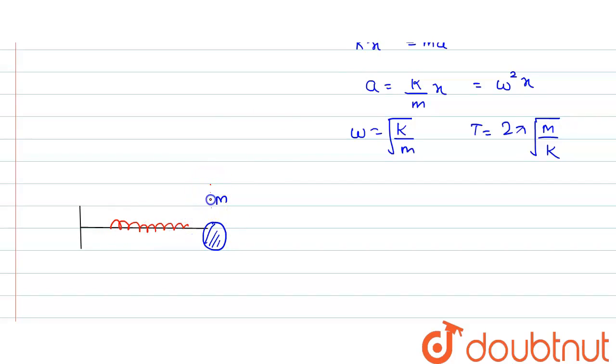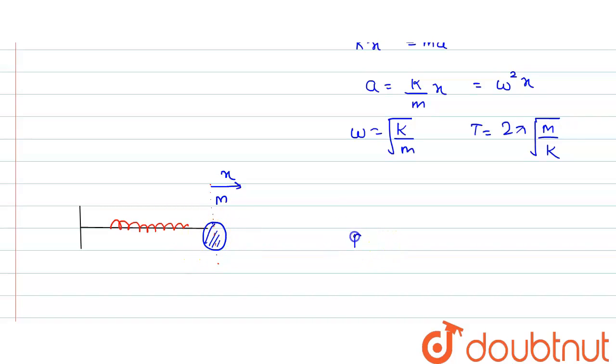From the mean position, if we move the object further in this direction, there would be a spring force acting in the opposite direction. Now mg would be acting in the vertical direction, and the normal reaction would also be acting in the vertical direction. So there is no component of mg or normal reaction in the horizontal direction. So what is the only force in the horizontal direction for this mass? It is just our spring force.